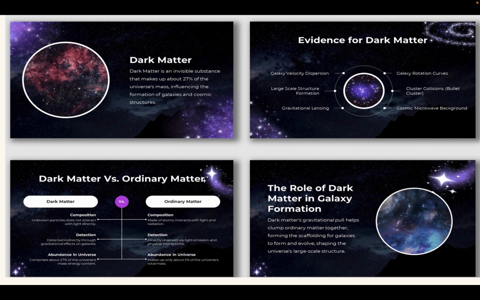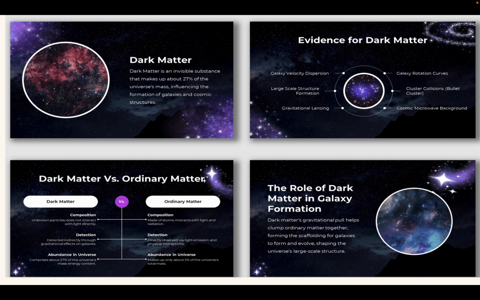Dark matter is the most abundant part of the mass-energy content: about 27% of the universe is dark matter, whereas only 5% of the universe's total mass is ordinary matter.